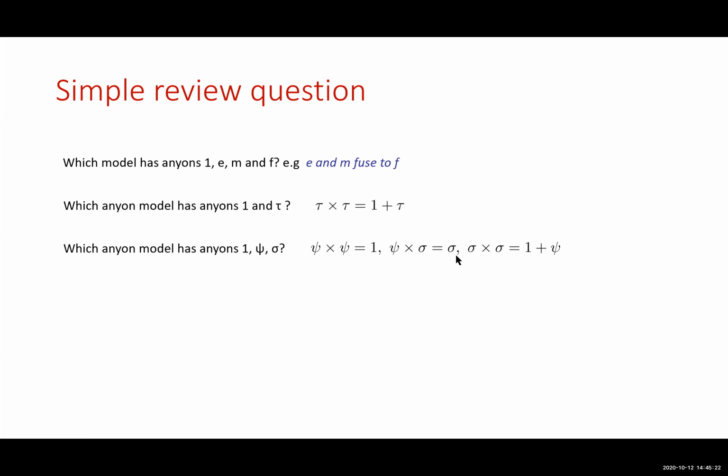The Ising model? Yes, this is the Ising-anyon model. I think that's a short summary of what we talked about last time. Today we're going to focus more on the last one. Between the second and third anyon model, the third one is easier to generate.